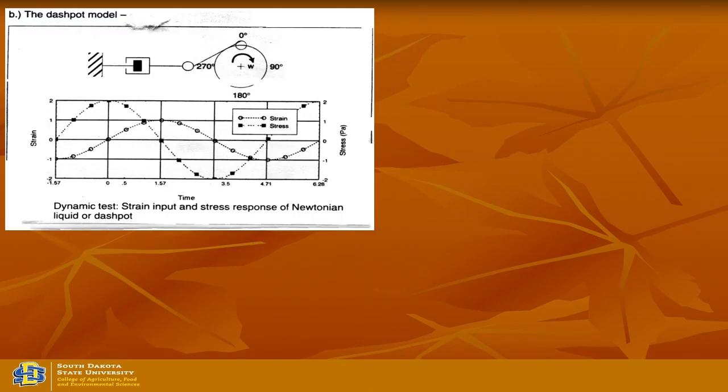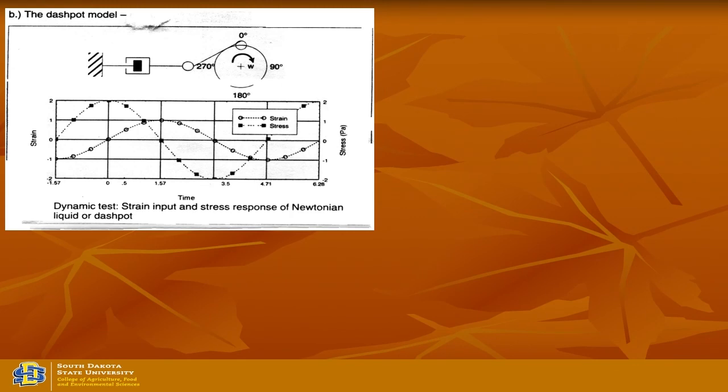Here in the dashpot model, you have strain input again, and the strain input is the open circle, and the stress output is a solid square. And dashpot model, it's a dashpot. So when you are rotating it, it's going to push, or it's going to flow, and then it's going to keep flowing, and that's what you get.